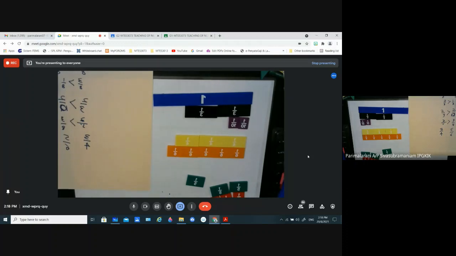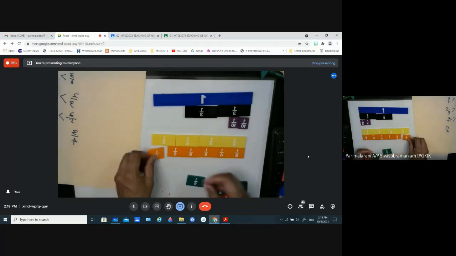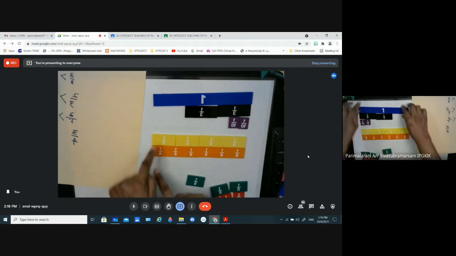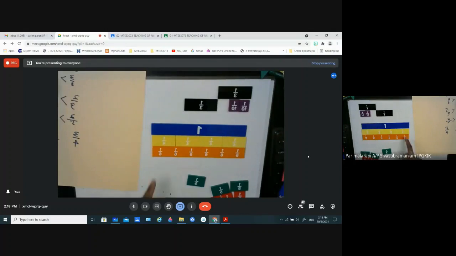5/6. Yeah, so we can see that both of them are 1 part away from 1, correct? They just need 1 more part to reach 1.